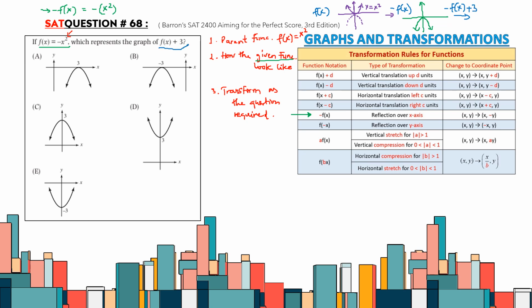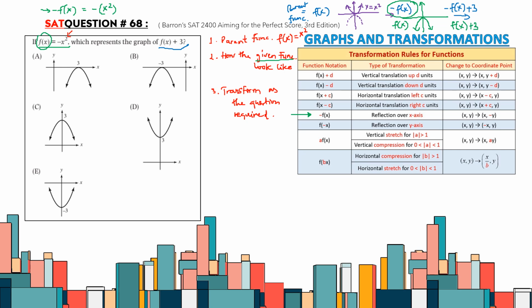The negative f of x here is like the parent function. From the parent function, the given function is the green one. It may confuse a little bit, but here's the given function f of x, the green one. So f of x plus 3 is from the given function, and they still call it f of x.